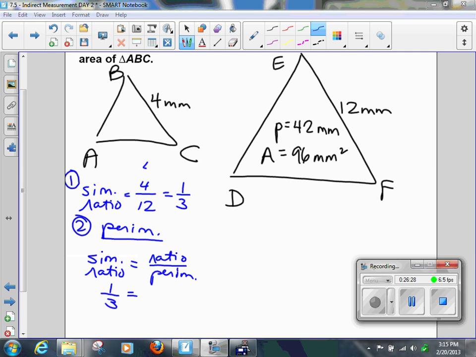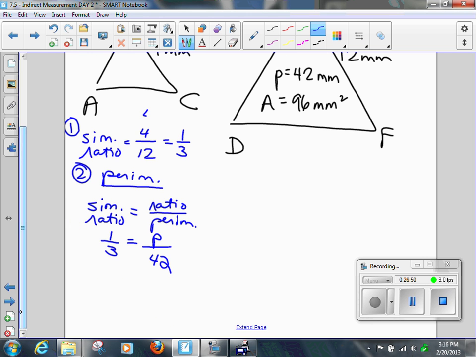Did it come from the little triangle or the big triangle? The 1 came from the little triangle. Do I know its perimeter? No, I don't know its perimeter. That's what I'm trying to find. So that's my P, or my X. The 3 came from the second triangle, and that perimeter is what? 42. How many of you had that much set up correctly?